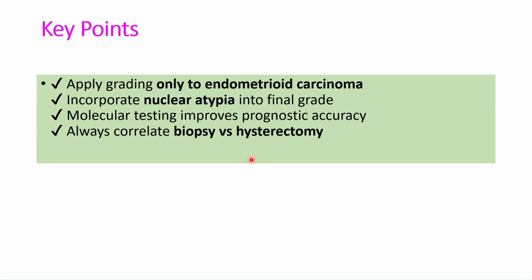So key points are: apply grading only to endometrioid carcinoma, incorporate nuclear atypia into final grade, molecular testing improves prognostic accuracy, and always correlate biopsy versus hysterectomy.